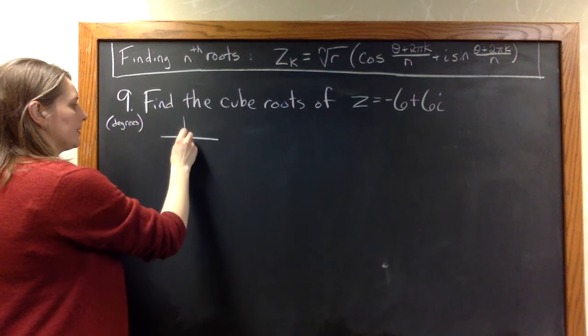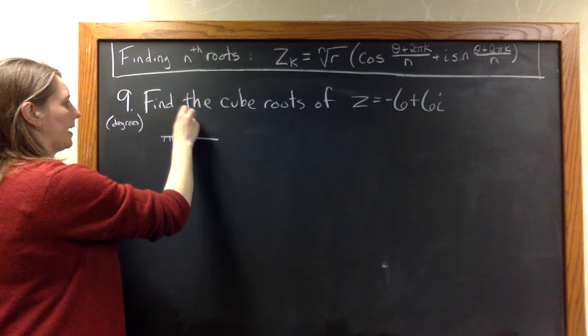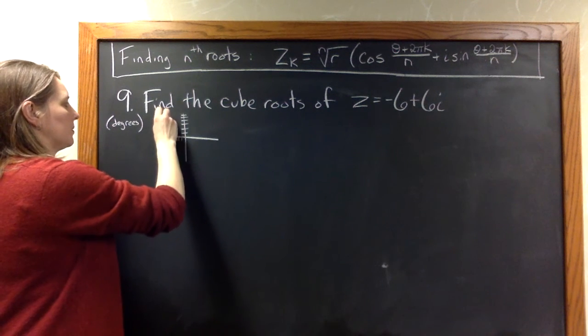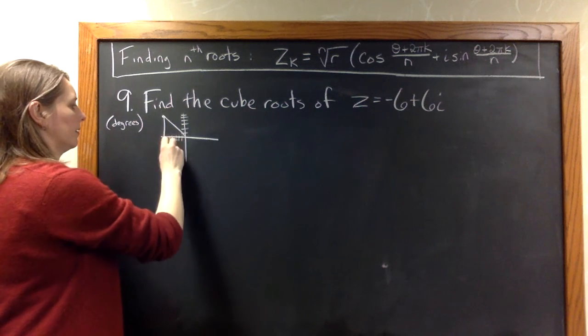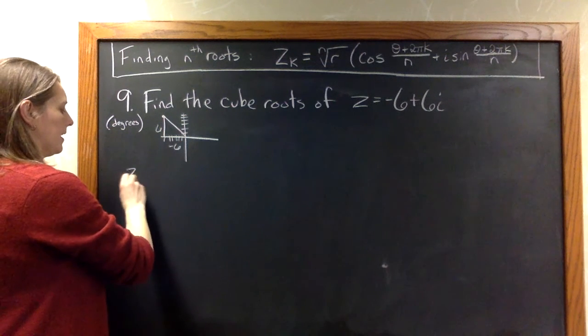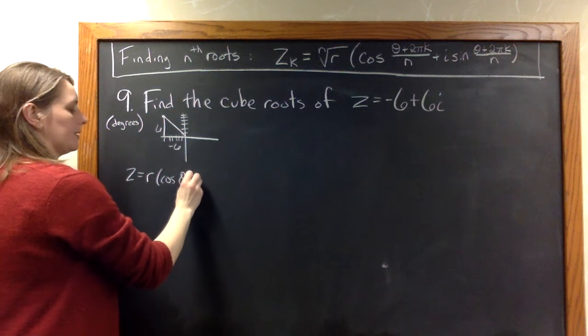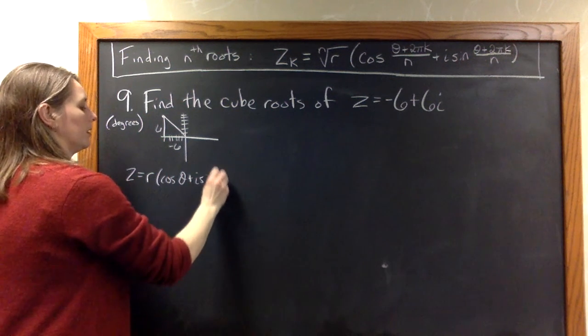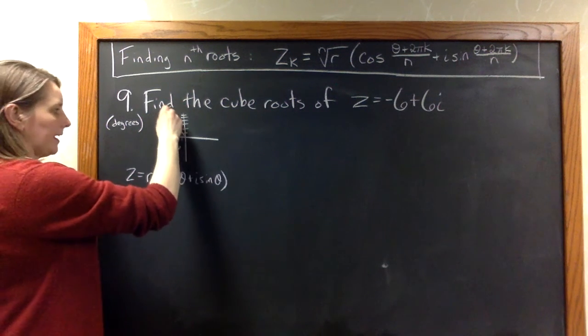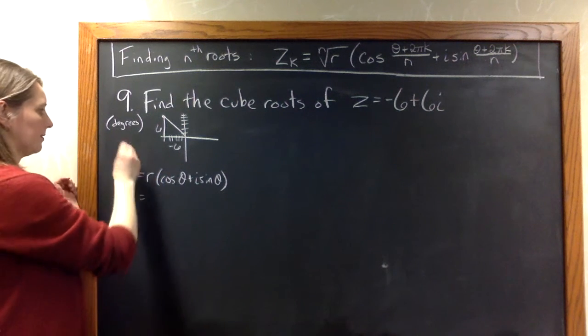So we've got -6 and +6i. So that's what this looks like. So remember, trig form is r cosine theta plus i sine theta. To find r, that's where we're going to use the Pythagorean theorem or the distance formula, whatever one you want to think of.